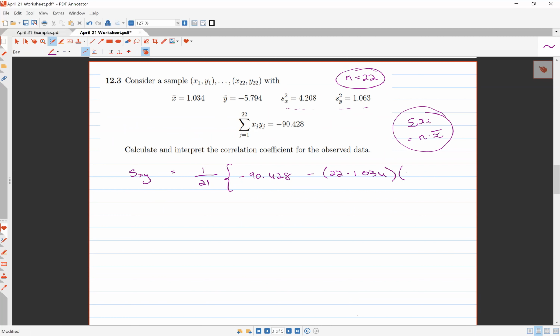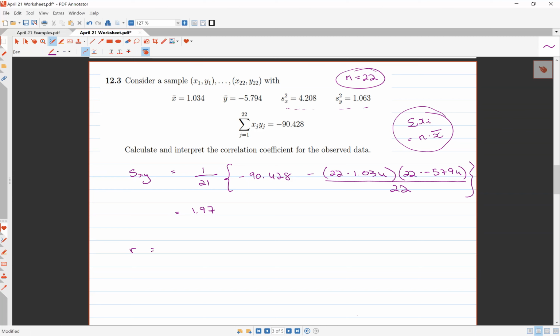And the sum of the y's would be 22 times the average of the y values, over 22. So just finishing out this calculation, the covariance you'll get is 1.97.